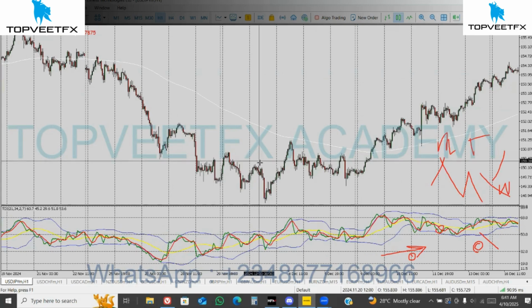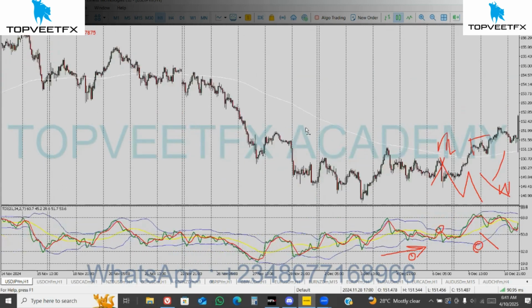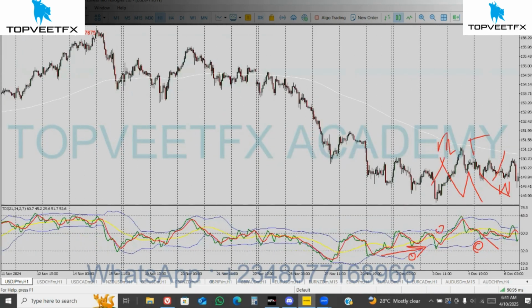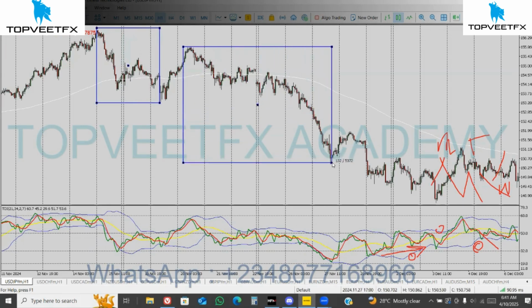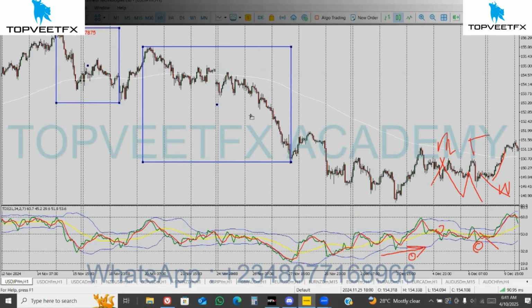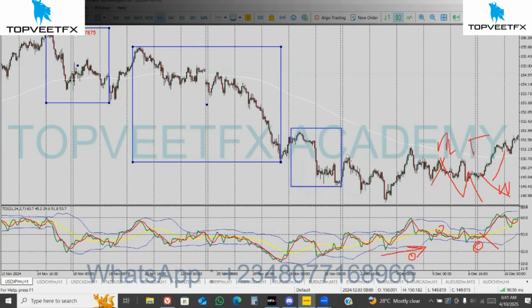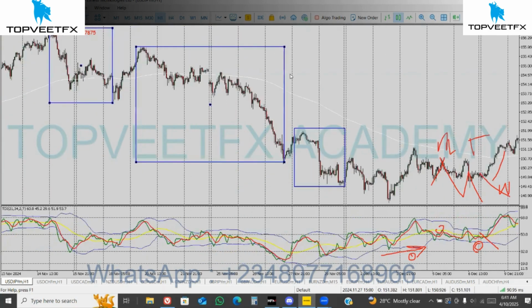And how do you know if a particular trade will go far or not? Look at it. The market moves in three levels. This is level one. This is level two. This is level three. So you can see that the market has moved three levels.